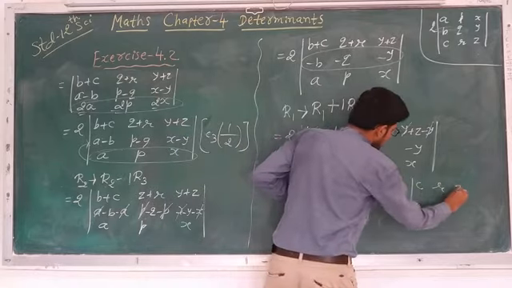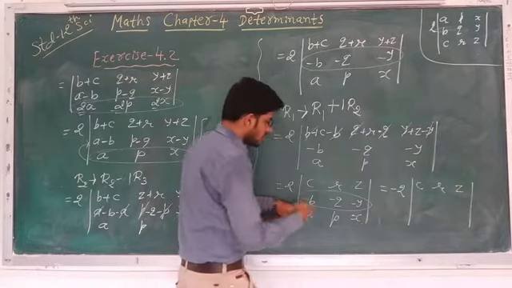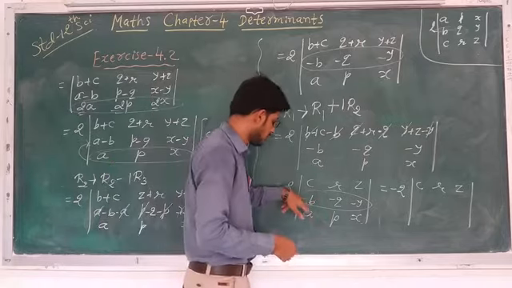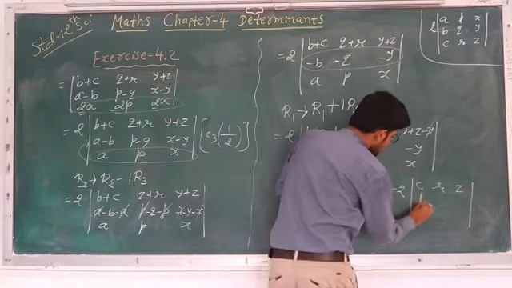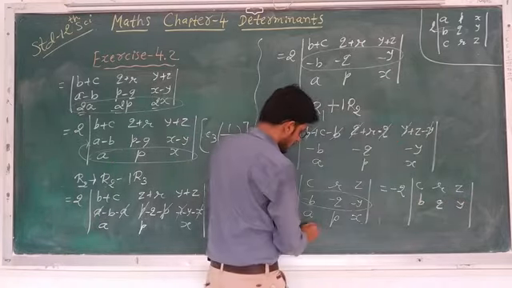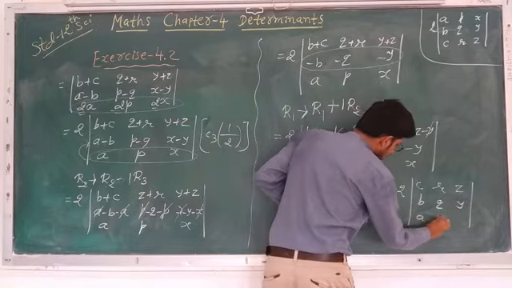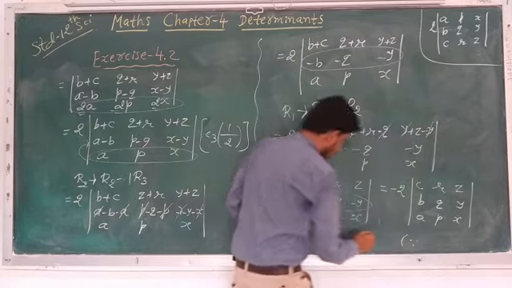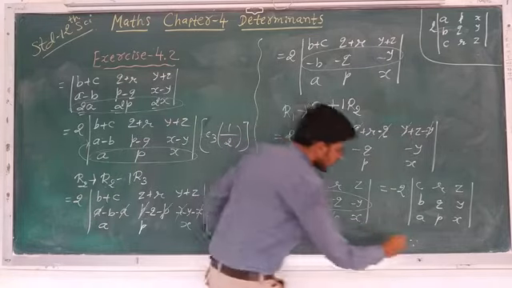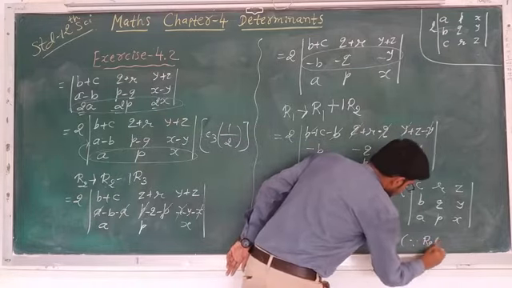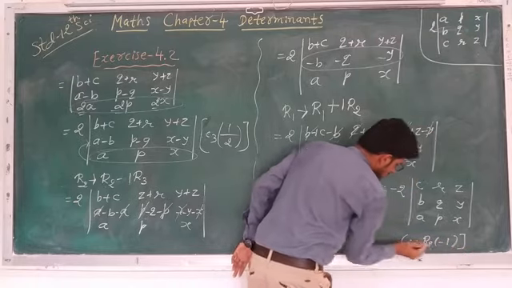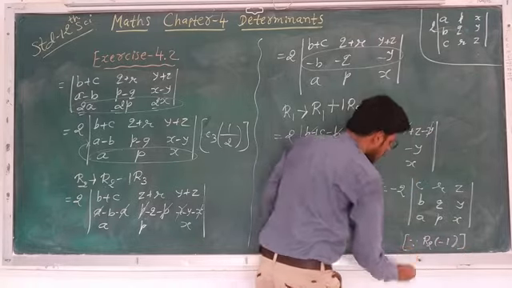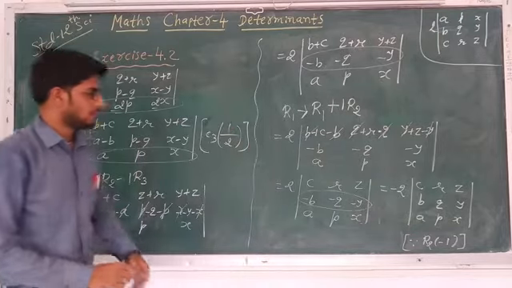We take out the common minus sign, so we remove it from here: b, q, y as it is, and the third row as it is, a, p, x. So we write the reason here: we took the common factor from the second row, so R2 multiplied by minus 1. Okay. So what is the next step?